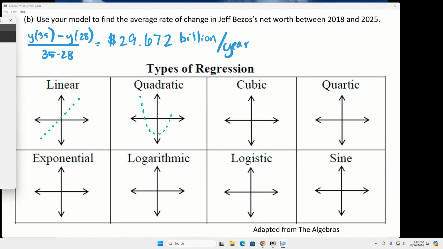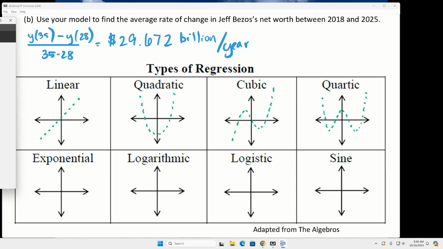Quadratic should be a parabola or partial parabola. Cubic will kind of be like Jeff Bezos' net worth. Quartic could look like a W. It could also look like a quadratic, so it gets a little confusing with those two.